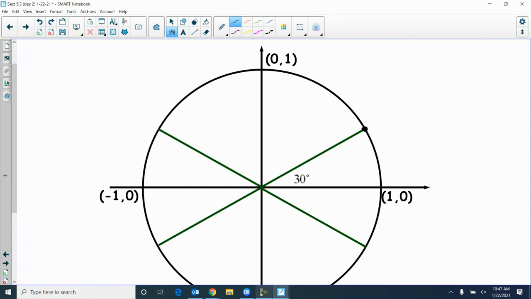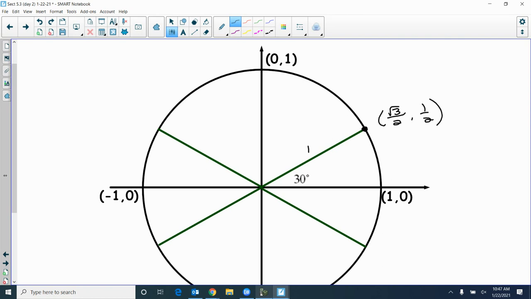That's a unit circle, so the hypotenuse is 1. Okay, Aaron, do you know the coordinates of that point? 1/2, square root of 3 over 2. Close. Why don't you switch the order? Square root of 3 over 2, 1/2.